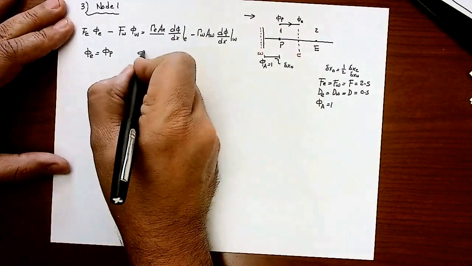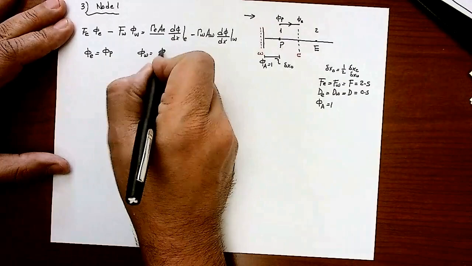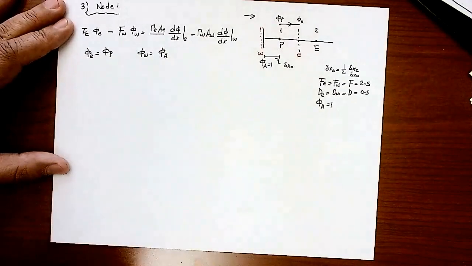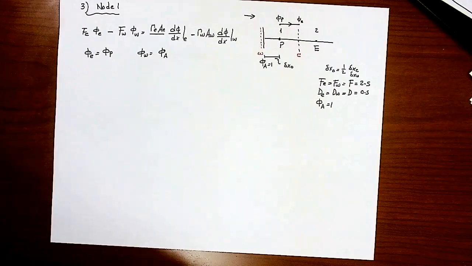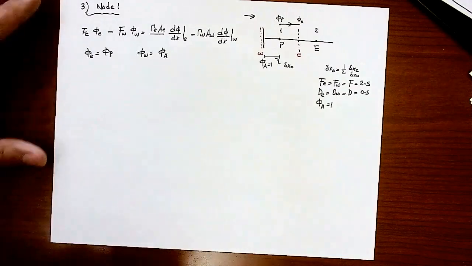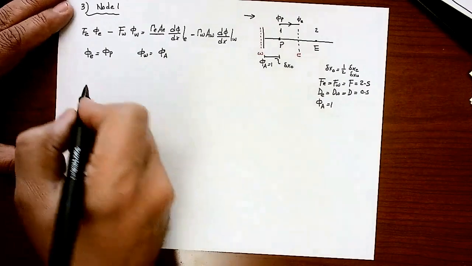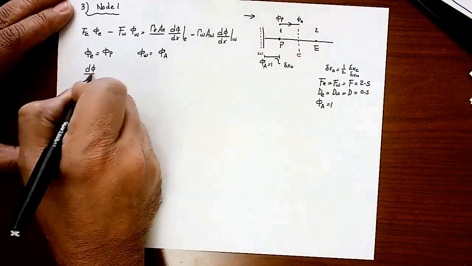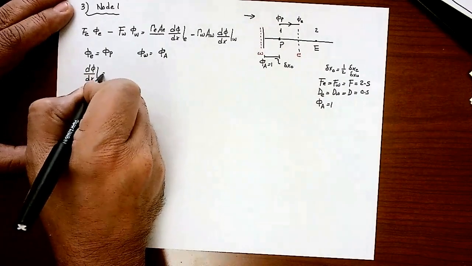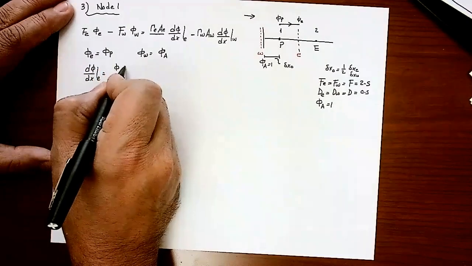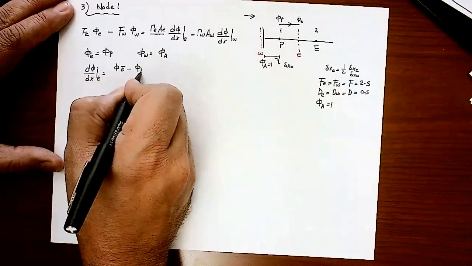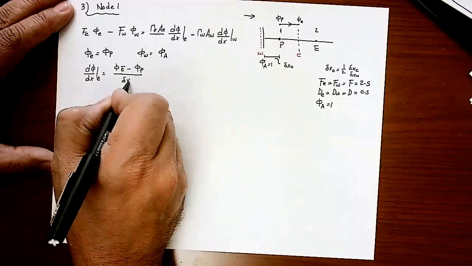What is phi on the west face? It is phi A. It's already given, so I don't need that value here. Then let's do the gradient. D phi by dx on the east face will be simply phi E minus phi P divided by delta x east.